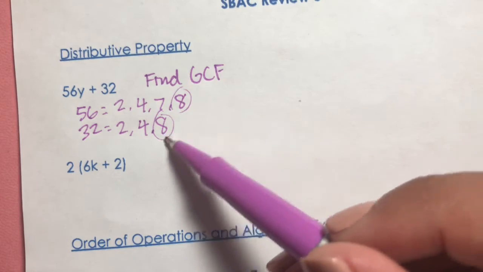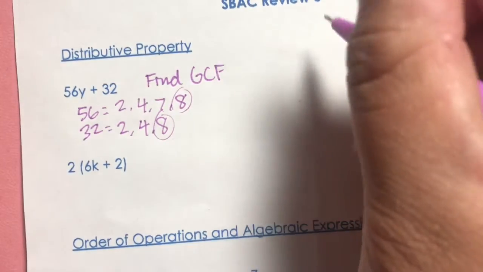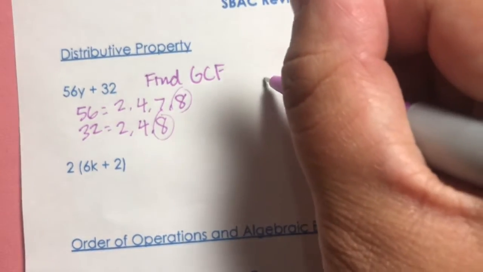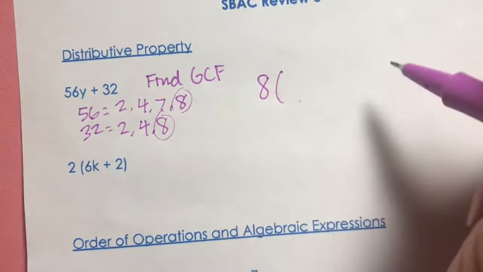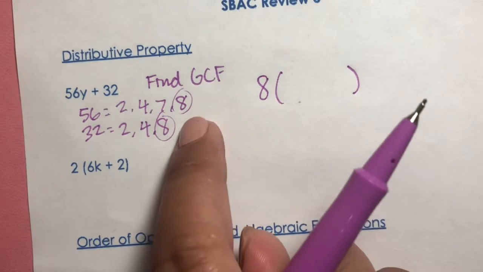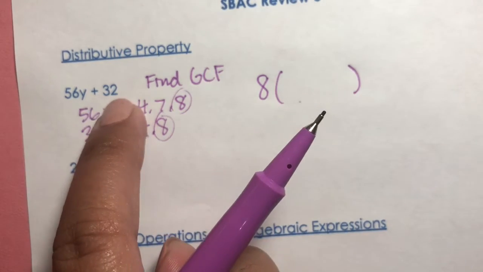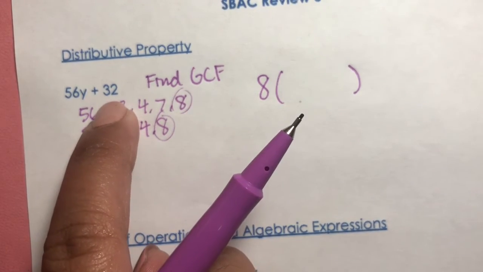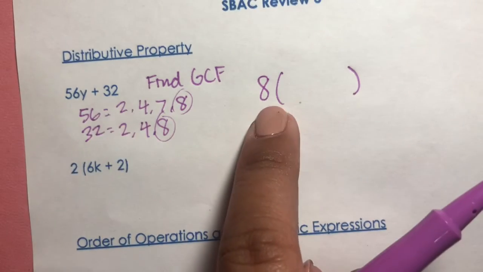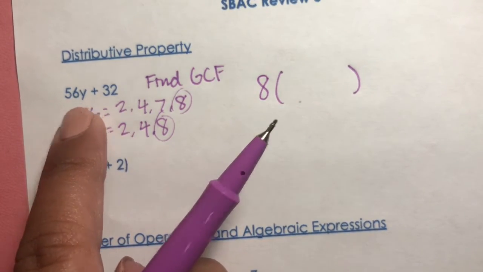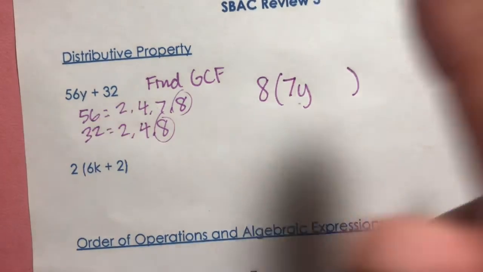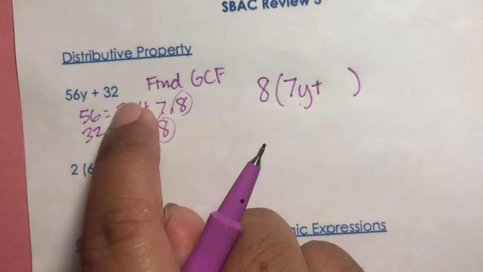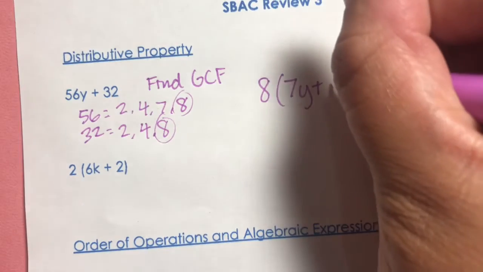So now that we know that this is our greatest common factor, we can put 8 here, and now we open up our parentheses. We know it's 56y plus 32, then we just have to factor out the 8. So if we factor 8 out of 56, it'll be 7y plus, factor 8 out of 32, it'll be 4.